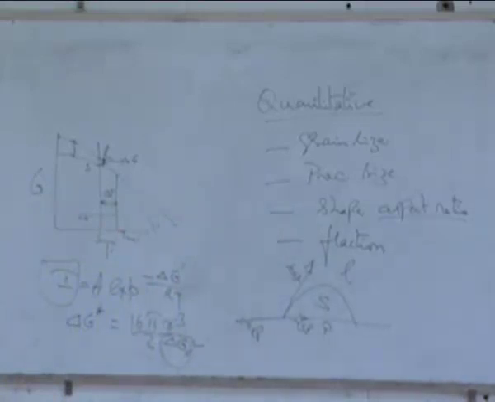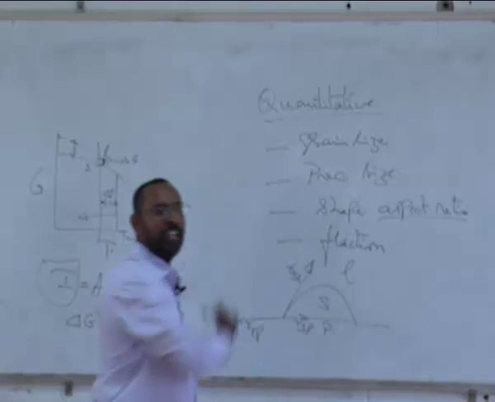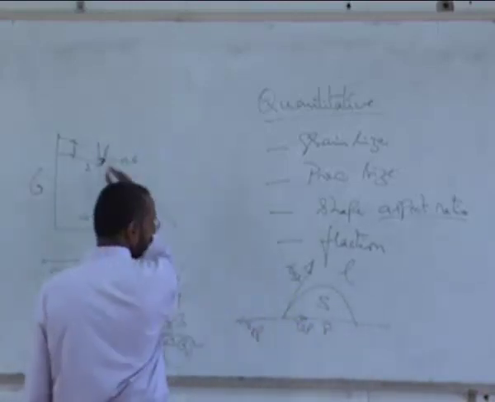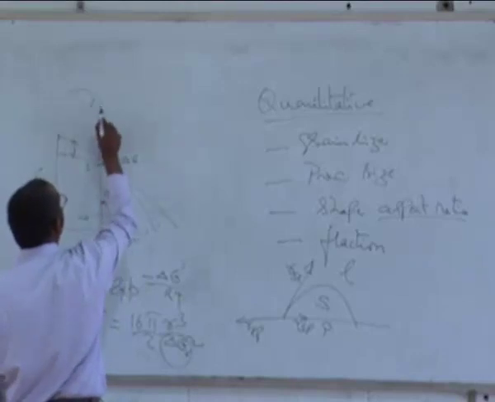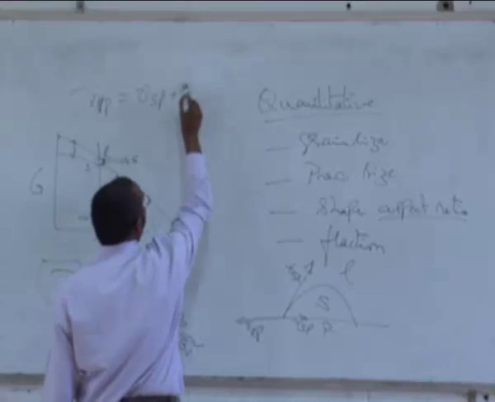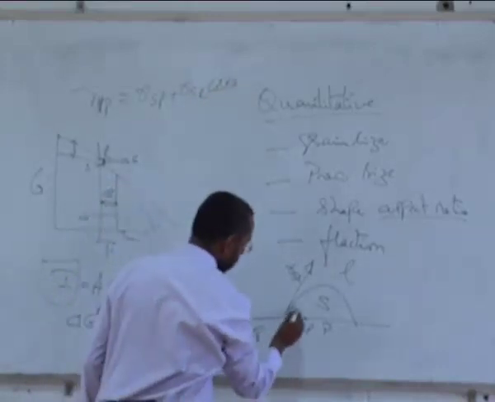Everything is told. It's a question of whether we retain it or not. So if we do an equilibrium of this, we say there is an equilibrium between all of these, which I can write as gamma LP is equal to gamma SP plus gamma SL cos theta, where this is theta.